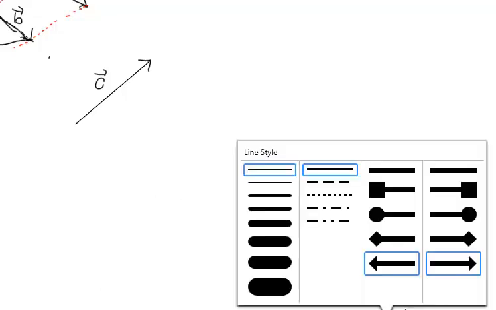That's a vector C. And let's say I've got D there.